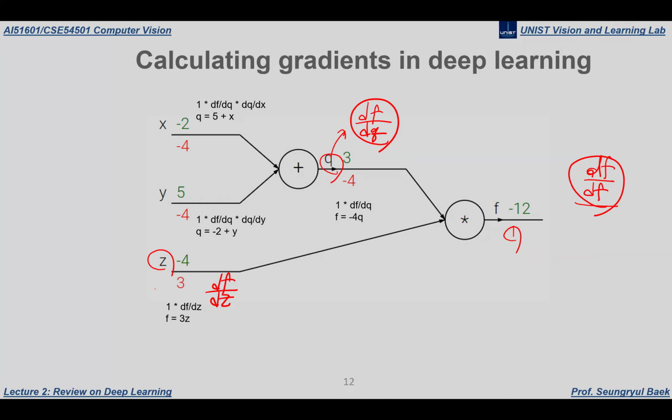I will rewrite the formula here and now calculate the values. I will calculate df/dq first. For calculating this df/dq, I have to apply d/dq to f.